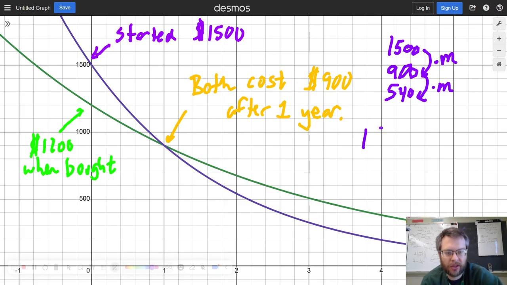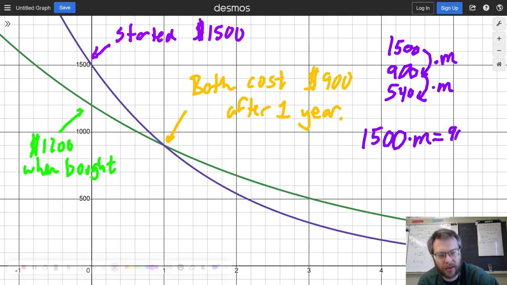So really all you need to do is think about the equation. 1,500 times what number makes 900? And for some reason, when we're in exponentials, people totally forget about all the equations we've been solving all year. This is just a one-step equation. You guys have solved hundreds of these equations. How do you get rid of multiplying?